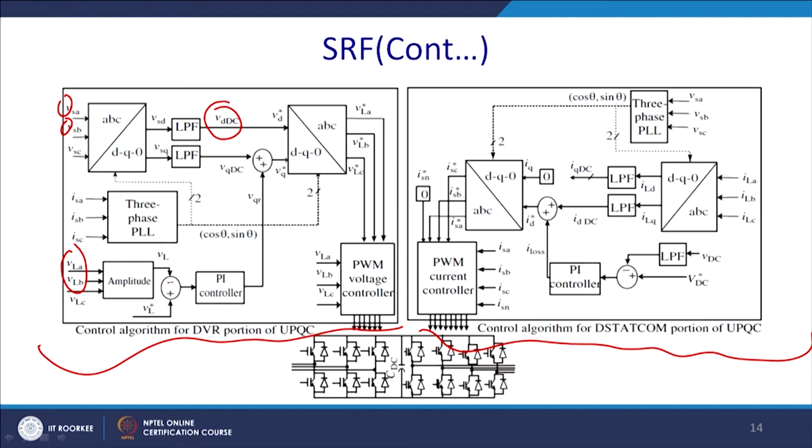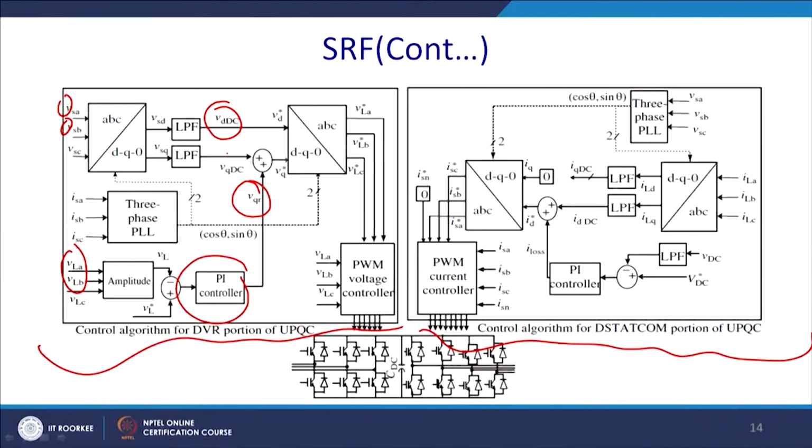It is better to convert these quantities also to DC because the PLL is available. So, we shall check the value of Vq with the difference in the Vq magnitude. So, we can feed it to the PI controller, and the PI controller will give some value of Vqr, that is the component required to be injected for compensating the voltage sag.